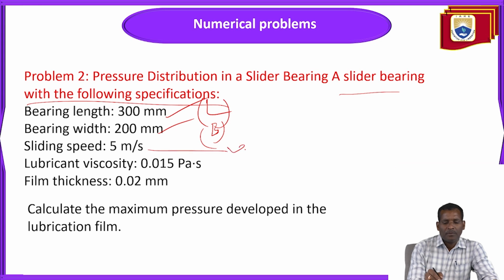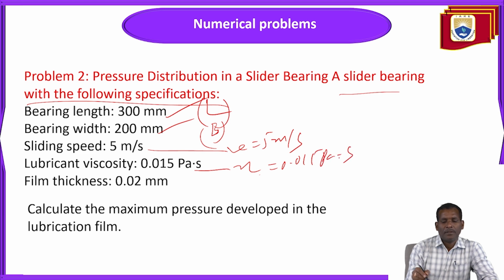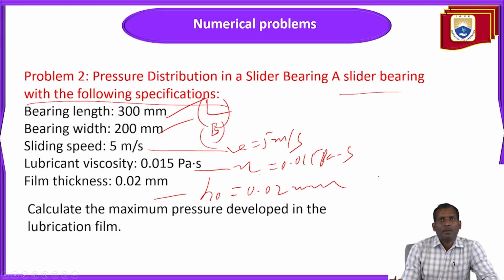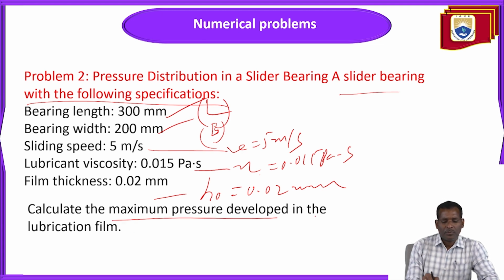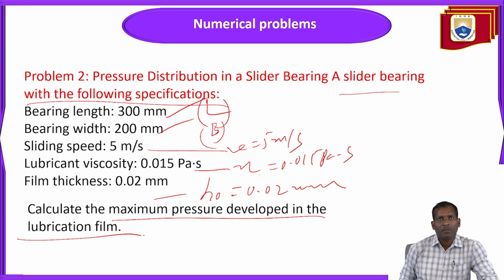Sliding velocity 5 meters per second. Lubricant viscosity 0.015 pascal second, and film thickness H naught 0.02 mm. So now calculate the maximum pressure developed in the lubrication film for the given specifications.